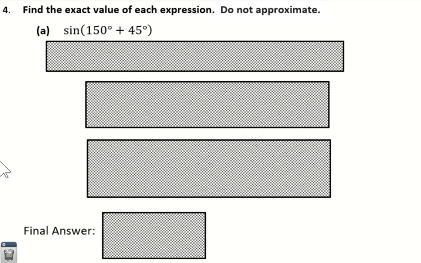But now let's get into the rest of the chapter, the unit. And number 4 says, find the exact value of this. Now, do not approximate. Now, we have our special yellow calculators. Keeping that in mind, I'm going to definitely need you to show some work.